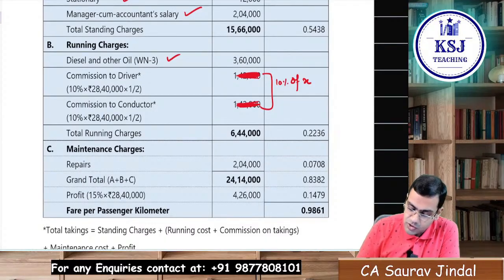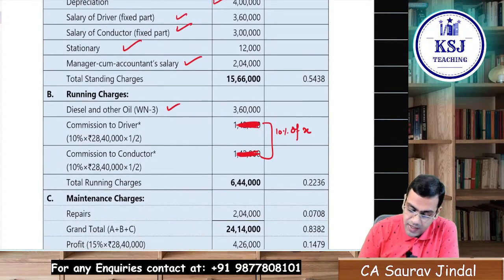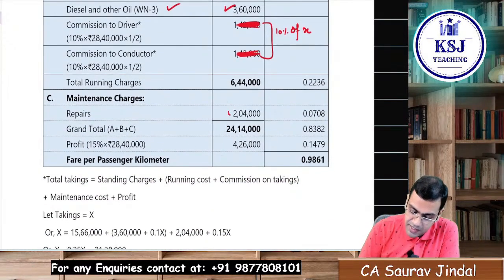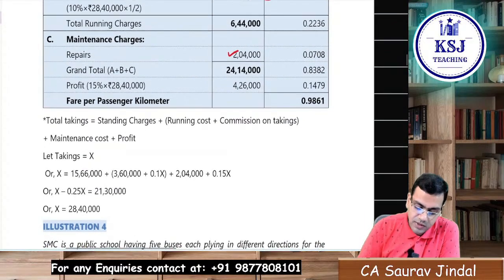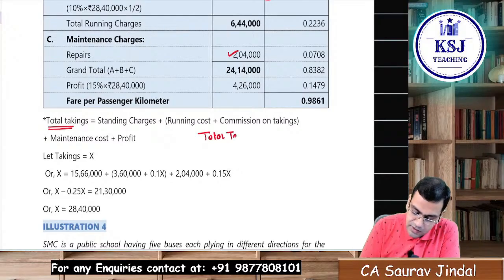Okay, sir. So you will calculate the total running charges, plus repairs. Then you will form the equation: let the total takings, that is the selling price, be X. So what is the total takings here? Total takings is equal to total cost plus profit.